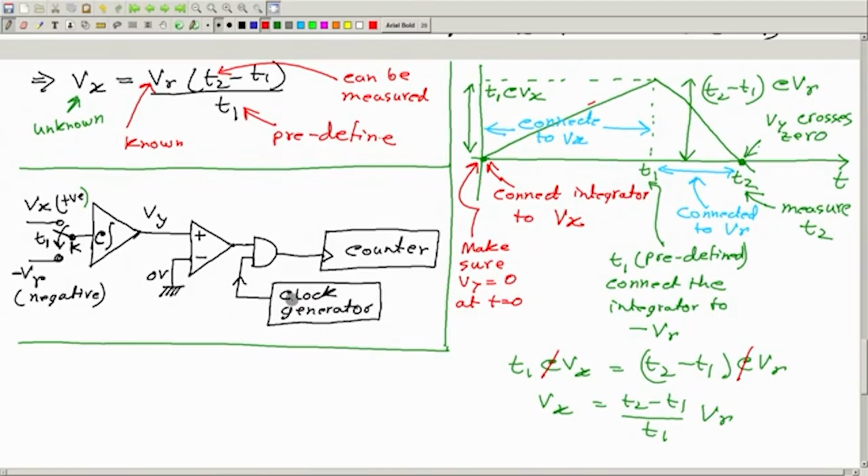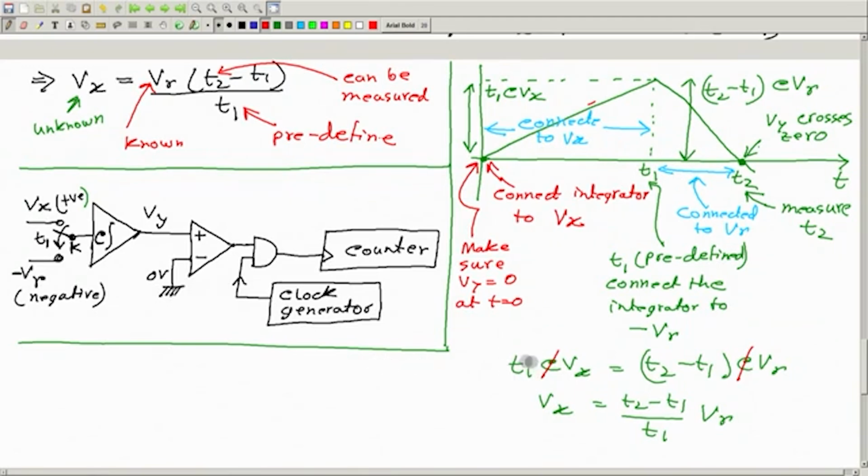We do not have this frequency in any of these expressions. So, does it have any role at all in the measurement? Yes, it has. How? Because we actually do not measure this time T1 or T2. We measure the number of clock pulses in these two periods, or we see the counter value in this period and in this period.